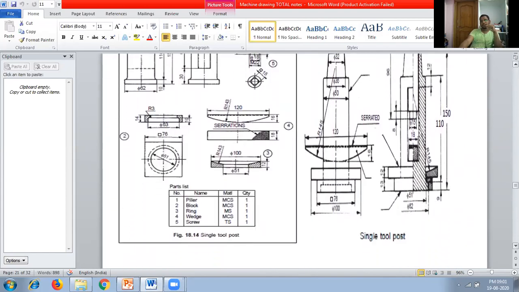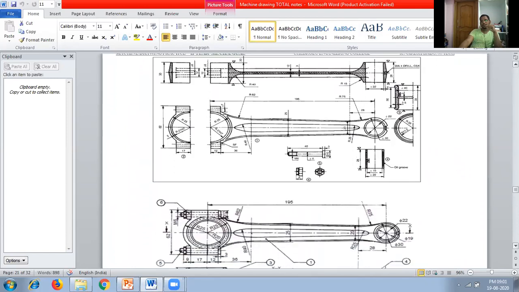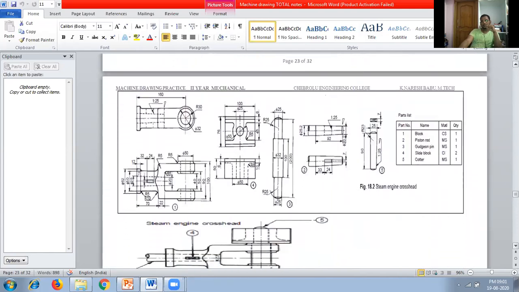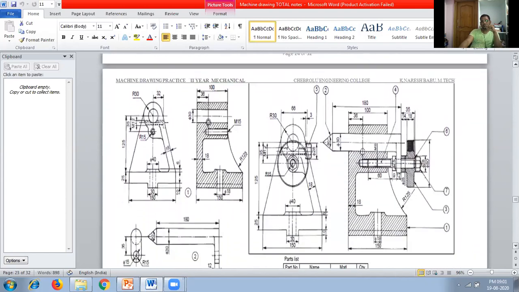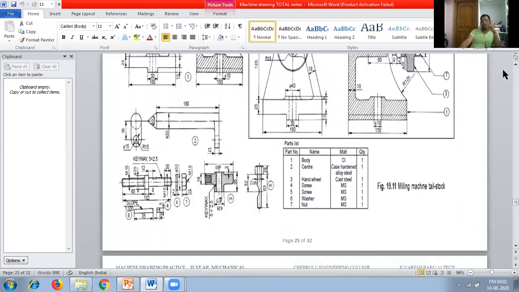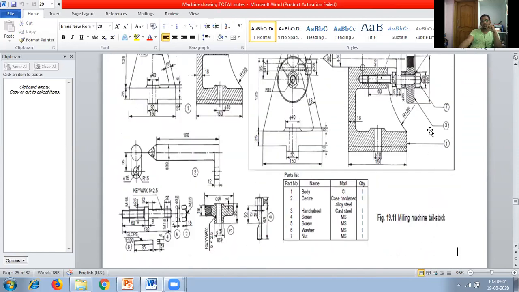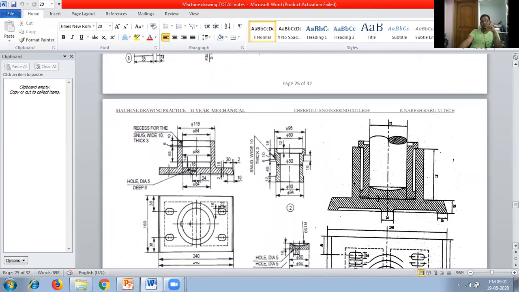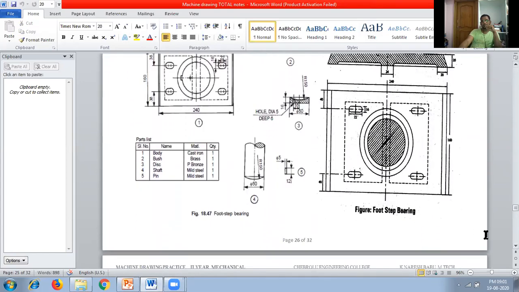This is the example of single tool post, and this one is the example for petrol engine connecting rod. This is a connecting rod, and this one is a steam engine connecting rod, steam engine crosshead, and this one is a milling machine tailstock. This is the example for milling machine tailstock, and this is the example for footstep bearing.